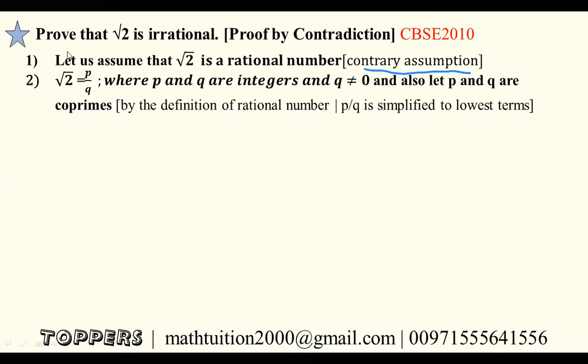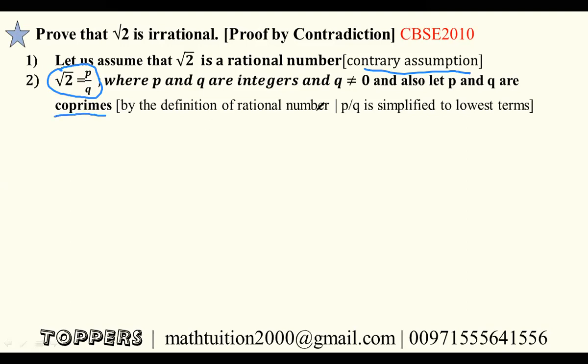Second step, what have we done? Since it's a rational number, we can write root 2 equal to p by q, where p and q are integers and q not equal to 0. And also let p and q be co-primes.